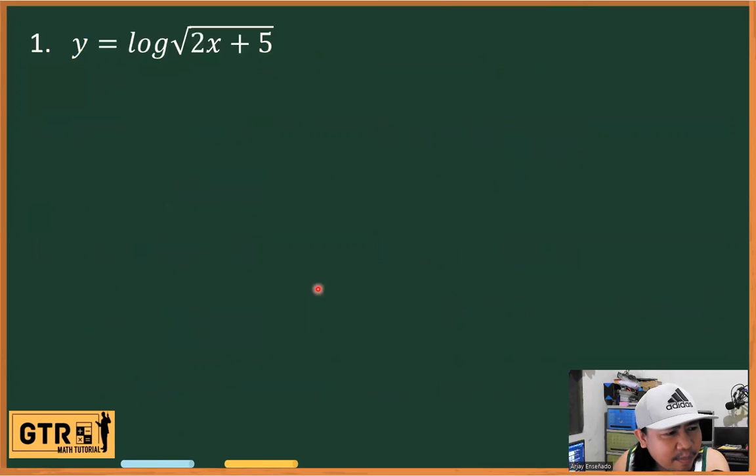Okay, so let's try number 1. Number 1. So y equals logarithm of square root of 2x plus 5. So let's apply the formula.